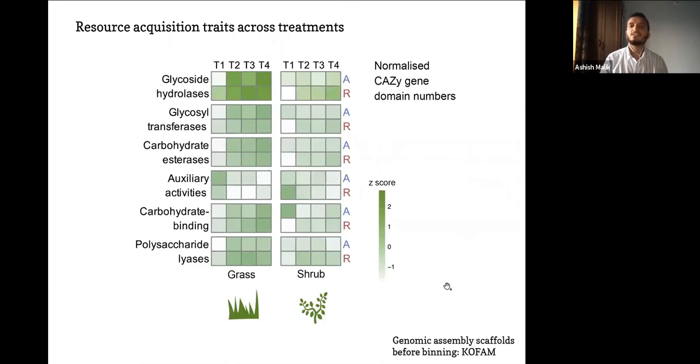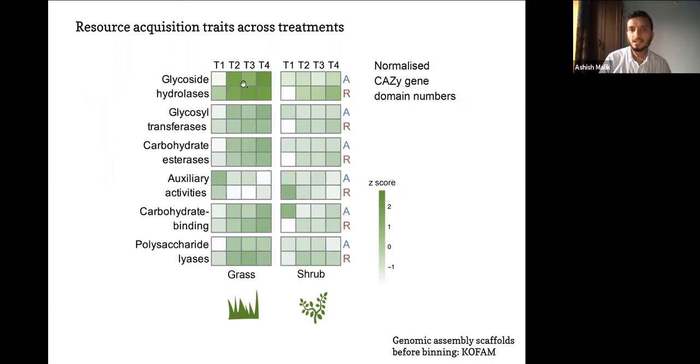And this was again reflected by some of the population level data set that we looked at. So these are genomic assembly scaffolds before binning again, which were then linked to the CAZyme database. And again, here I'm showing you for grass and shrub, ambient and reduced, all these different categories of CAZymes, GH genes being the most abundant.